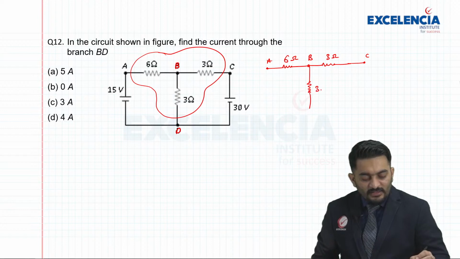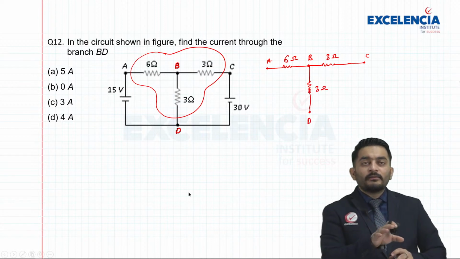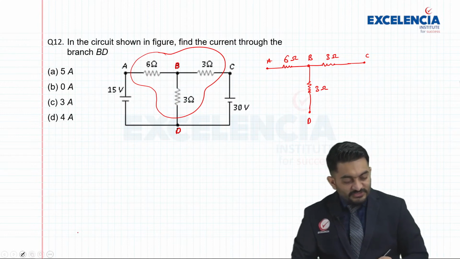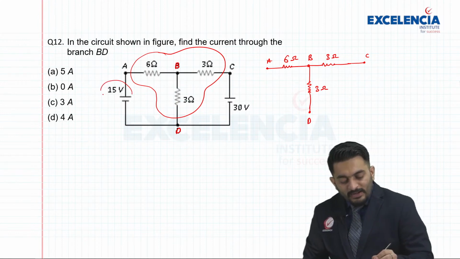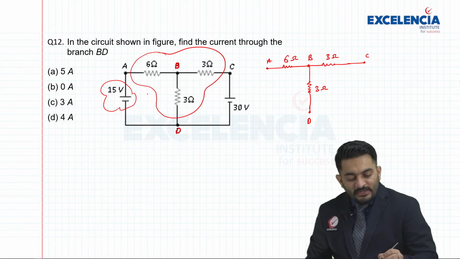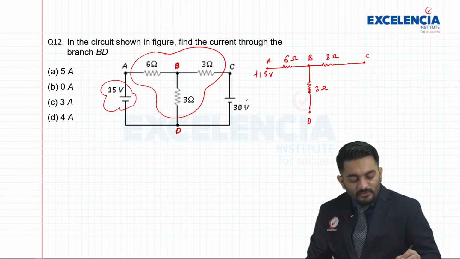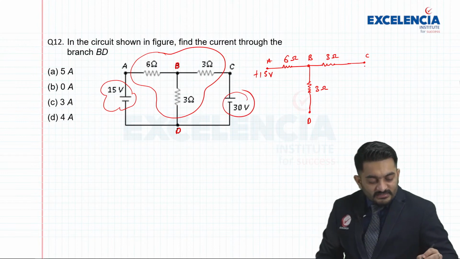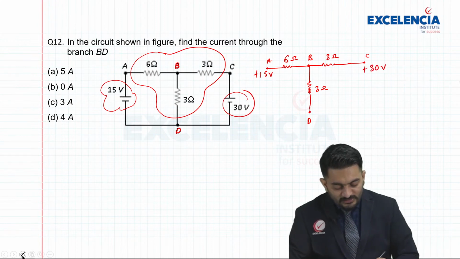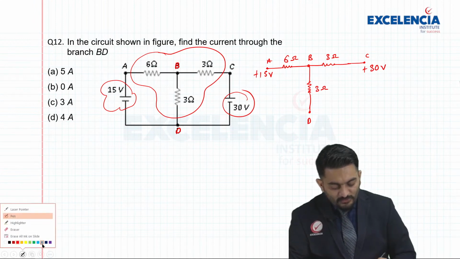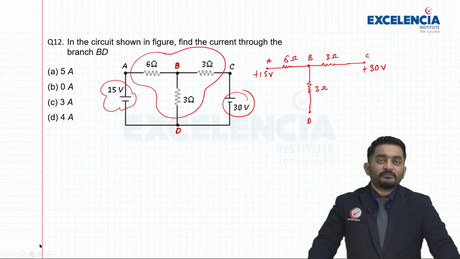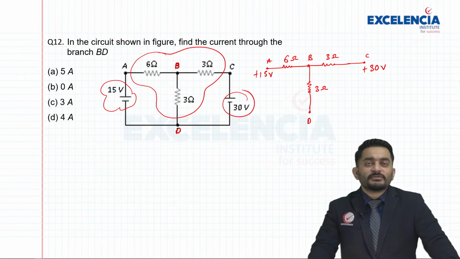And this is my 3 ohm and then point D. Now the diagram looks like a T-junction to me, but remember the battery part: point A is connected to plus 15 volt, better you write it down there. Point C is connected to plus 30 volt, you better write it down there, so that this is how your question will look. And now I think I can approach this question.